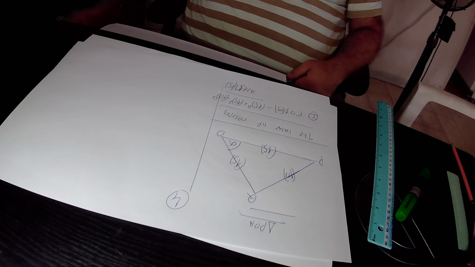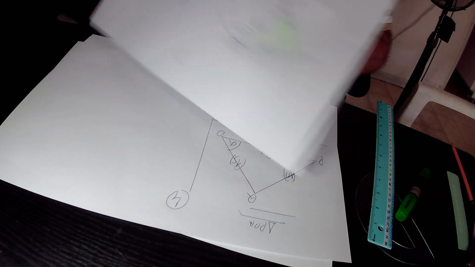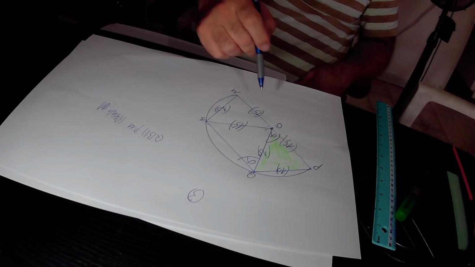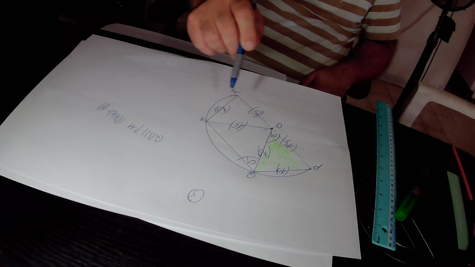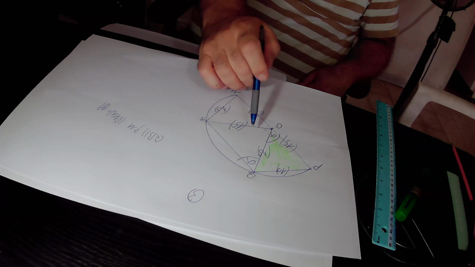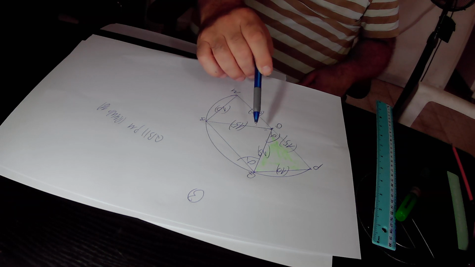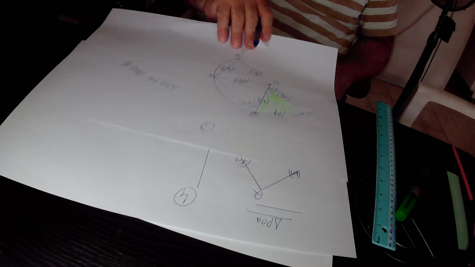In the next step, I'll copy this right triangle OQB in this page, and we'll implement the law of cosines on this right triangle, triangle OQB.